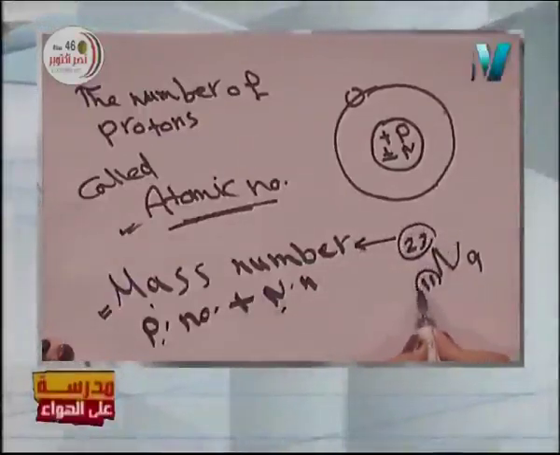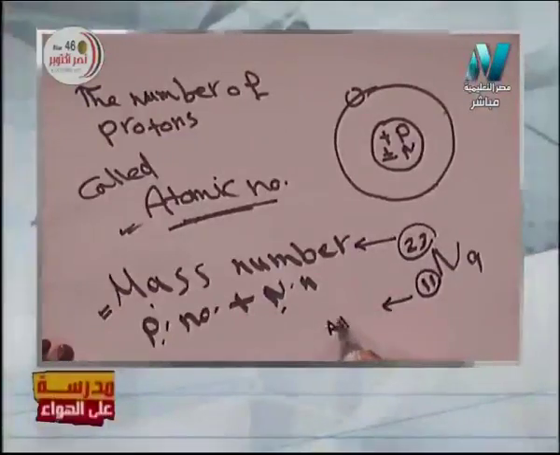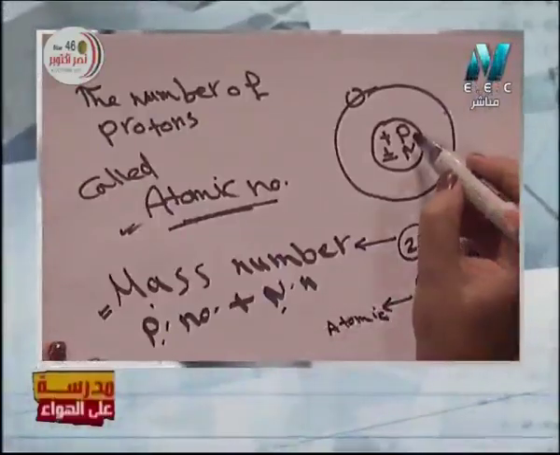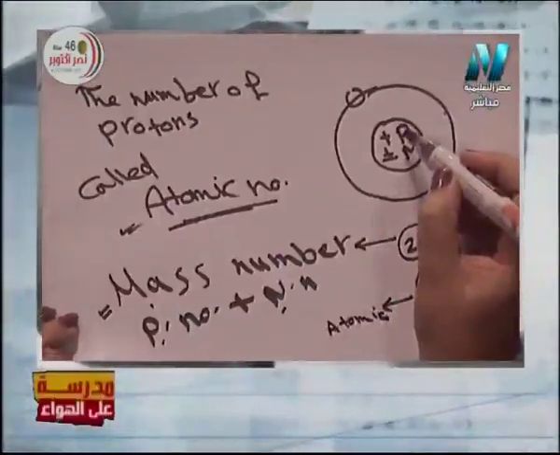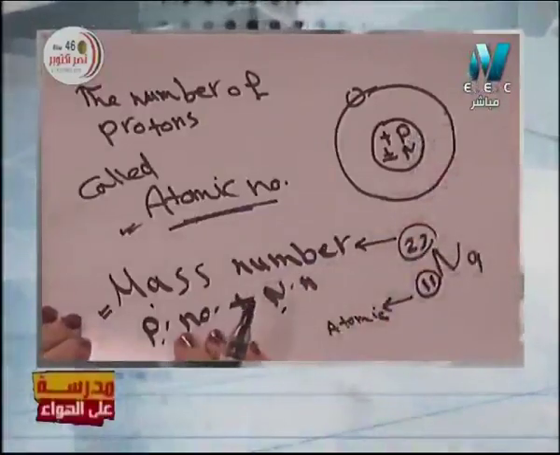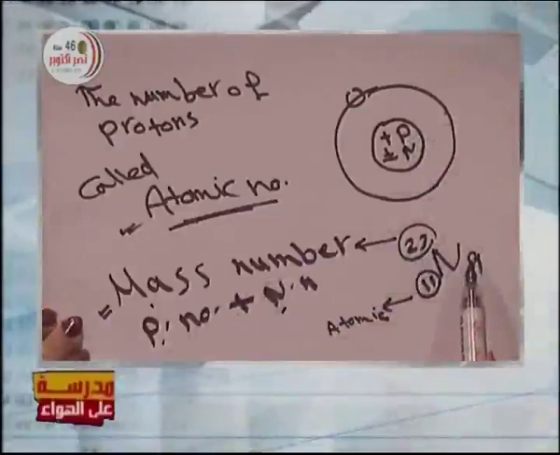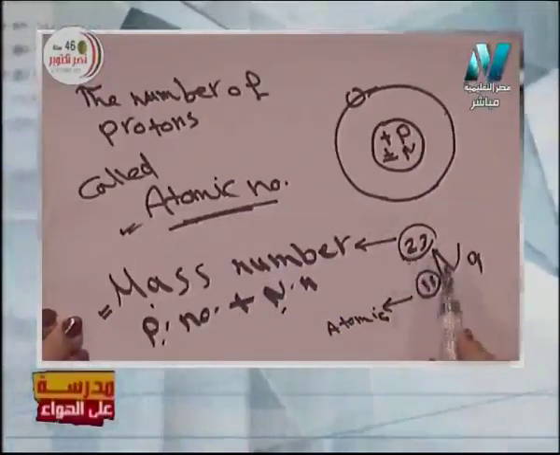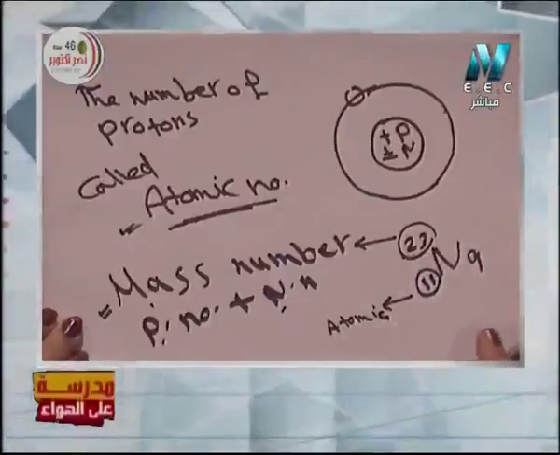And what is here below the symbol in the left side is atomic number. So the number of protons inside the nucleus called atomic number. The summation or the total number of protons and neutrons inside the nucleus called mass number. They are written in the symbol. Mass number written above the symbol in the left side, atomic number written below the symbol in the left side.